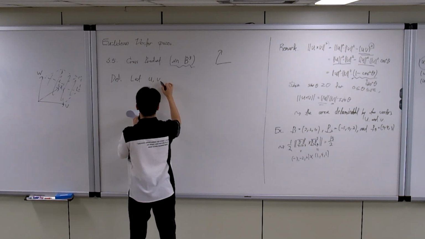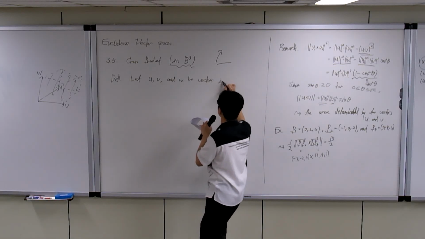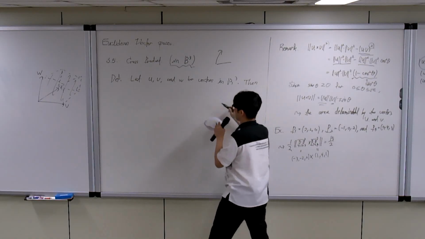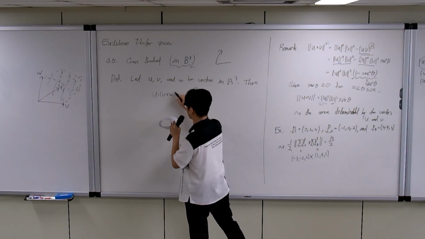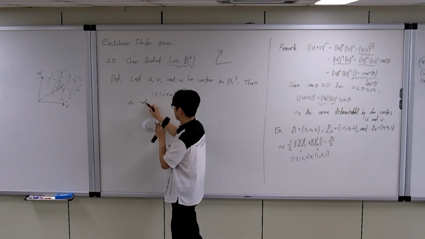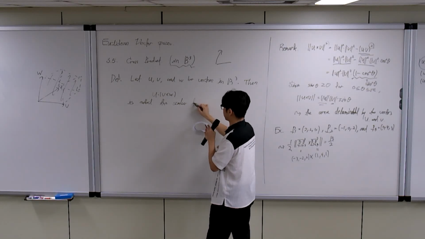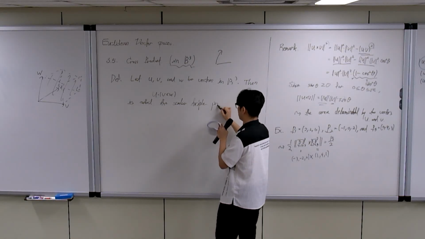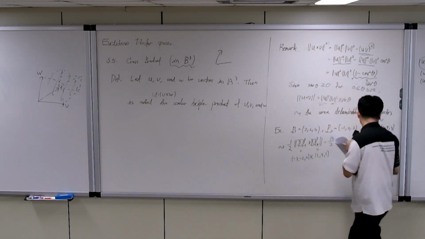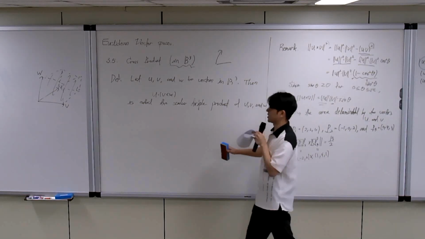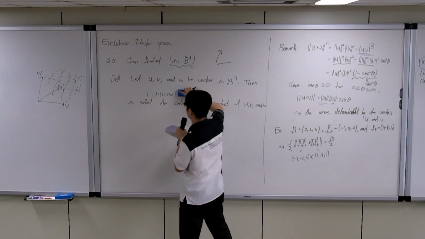Let u, v, and w be vectors in R3. Then we say that the value u dot (v cross w) is called the scalar triple product of u, v, and w, and if you take the absolute value of it, then it will give the volume, and I will show that fact.